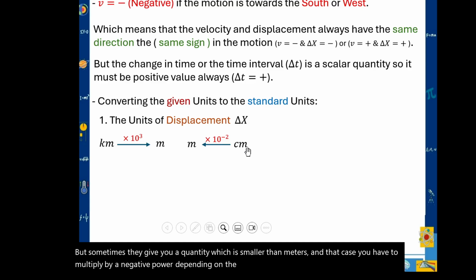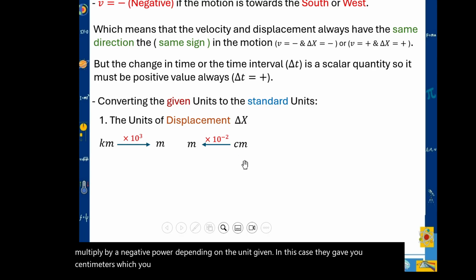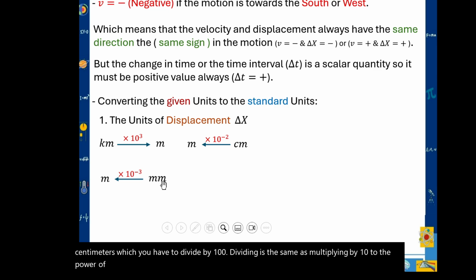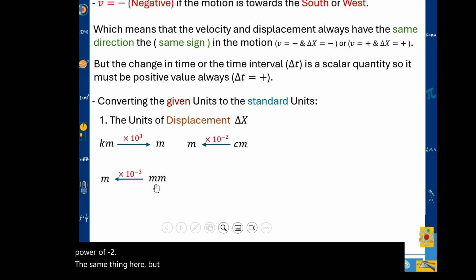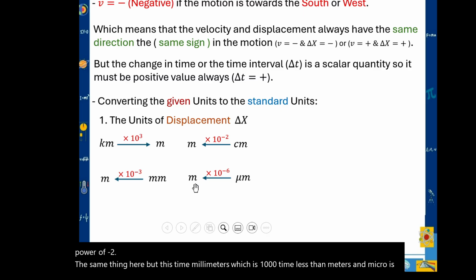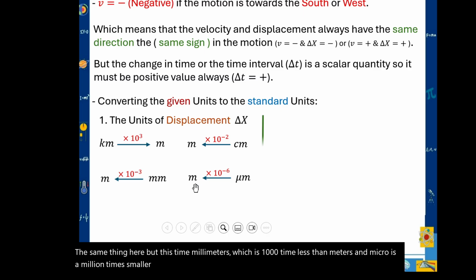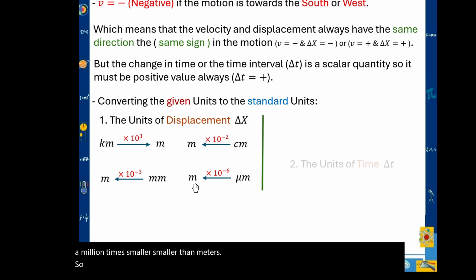In this case, they gave you centimeters, which you have to divide by 100. Dividing is the same as multiplying by 10 to the power of negative 2. The same thing here, but this time millimeters, which is 1,000 times smaller than meters, and micro is a million times smaller than meters. So this is for displacement.